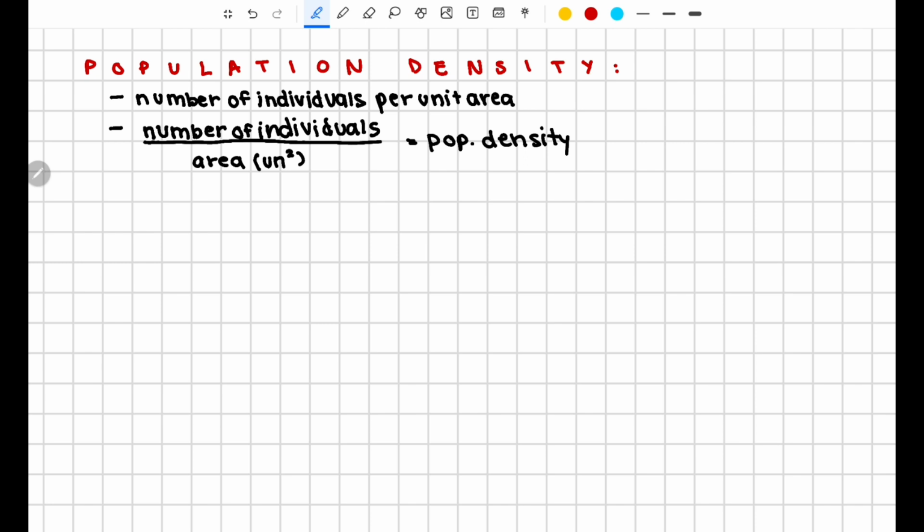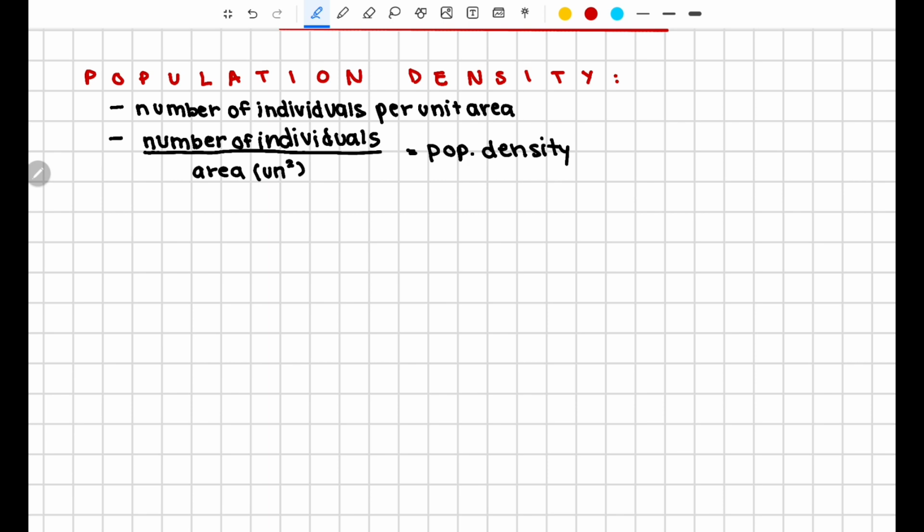So it's the number of individuals divided by the area, and that's your population density, because it is the measurement of how many individuals are living in a specific defined space. And actually, population density is one of the main characteristics that scientists use to describe a population. Although, obviously, we will talk about the other ones as well.